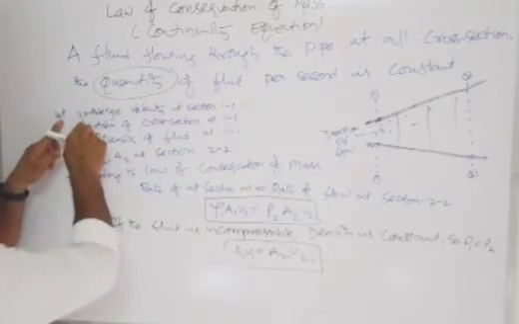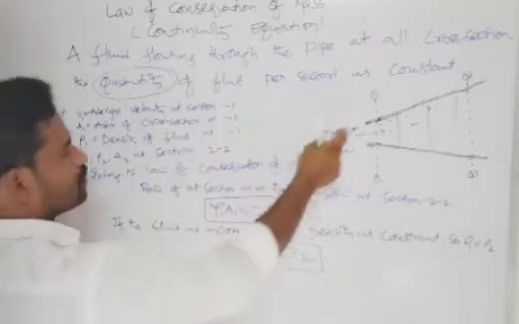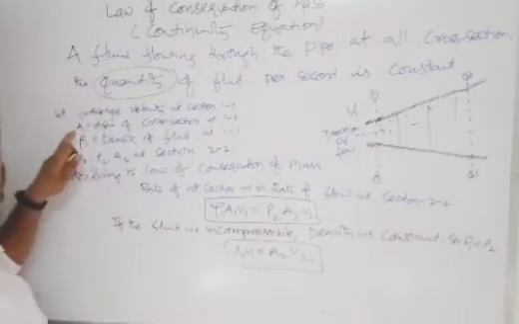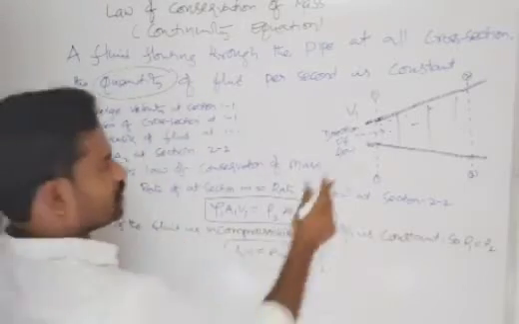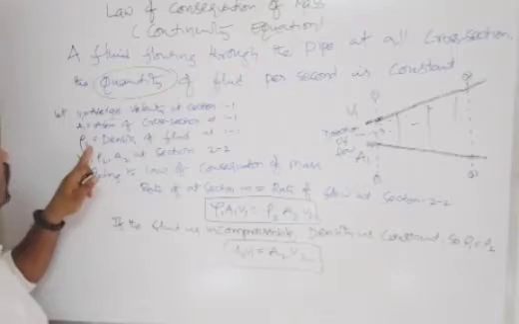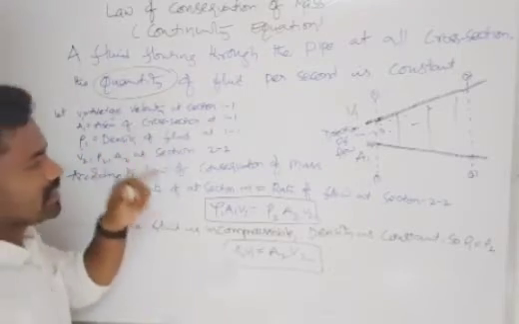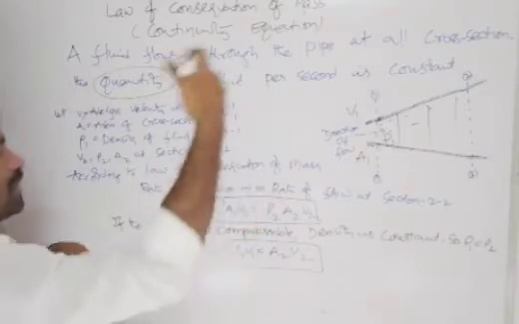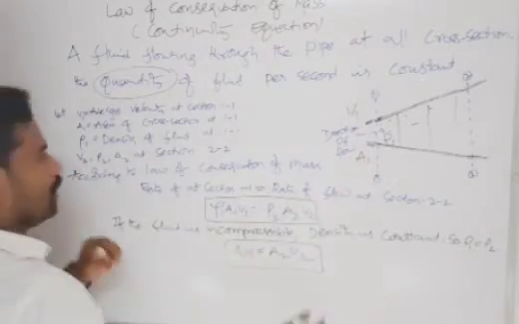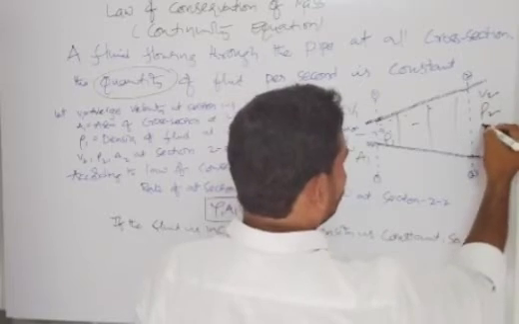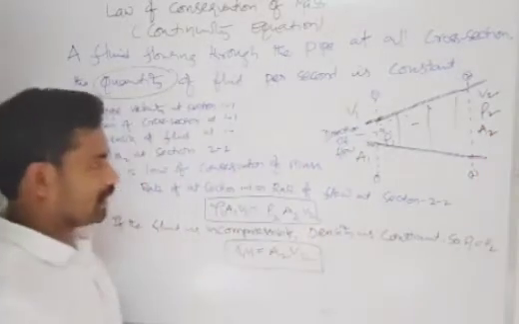Let the average velocity at cross section 1-1 be v1, the area of cross section A1, and ρ1 the density of the fluid at section 1-1. Similarly, for the corresponding section 2-2, the velocity is v2, the density ρ2, and the area A2.